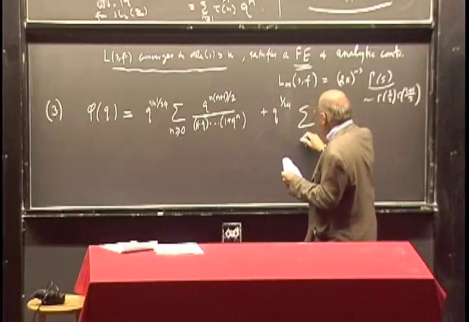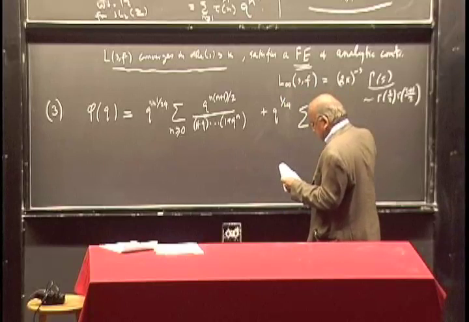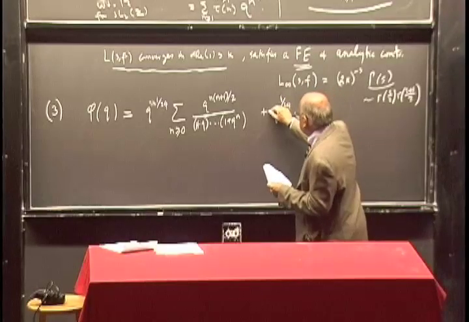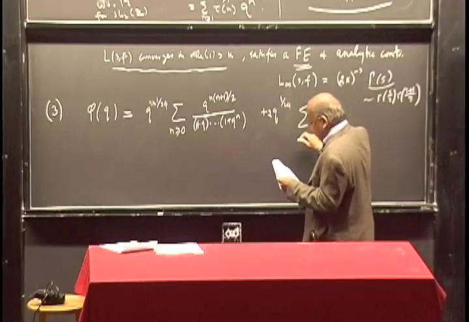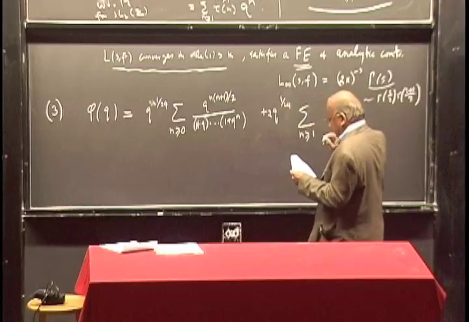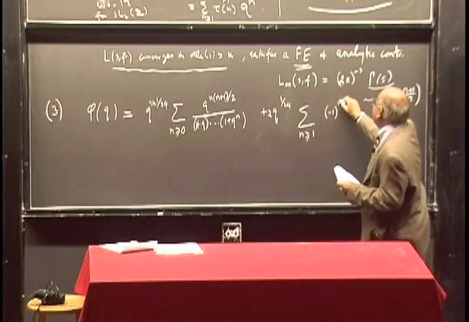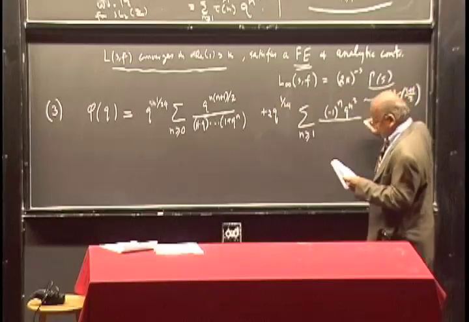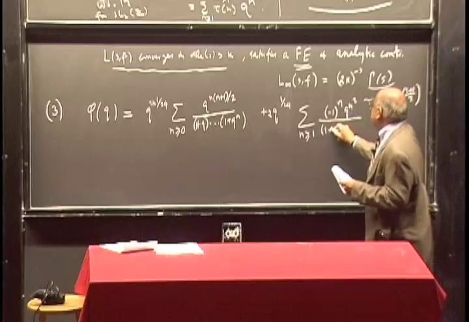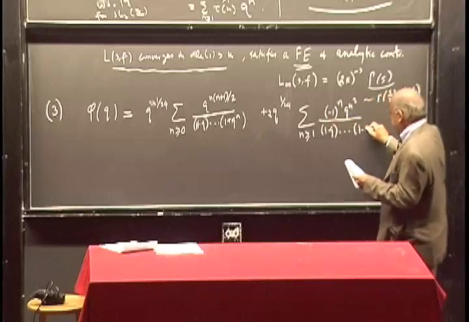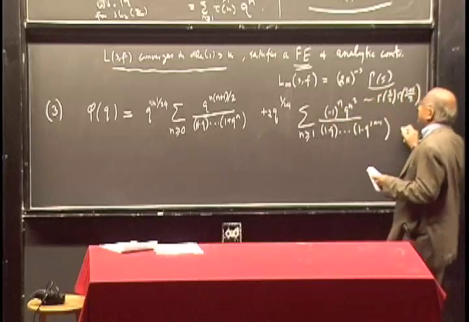You can, of course, expand this, so if I remember correctly, you also have n, n greater than or equal to 1. Then you get minus 1 to the n, q to the n squared, over (1 minus q) up to (1 minus q to the 2n minus 1).